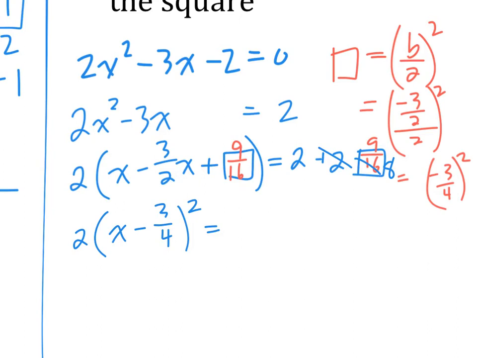Hopefully you can change that to an improper fraction really quickly. No? Yes? 25/8. Now what? We gotta solve. How do you go from the first to 2 times x minus 3/4 squared?